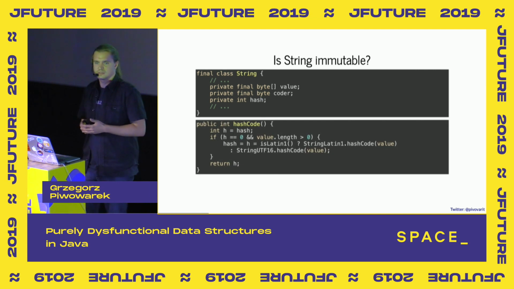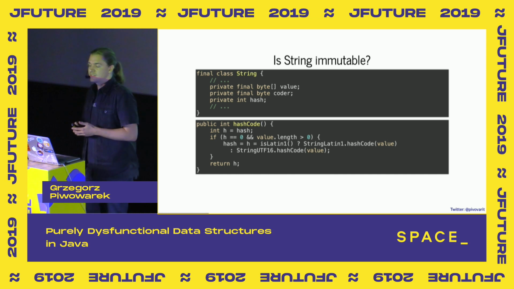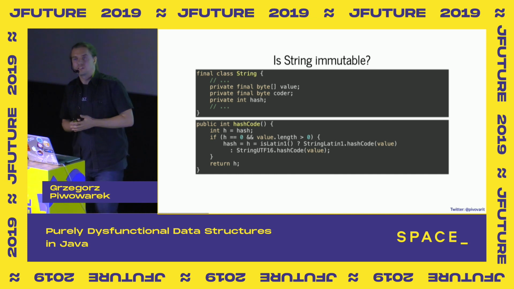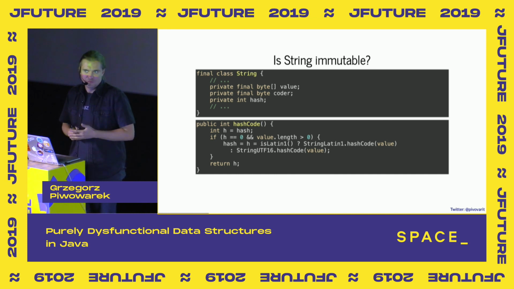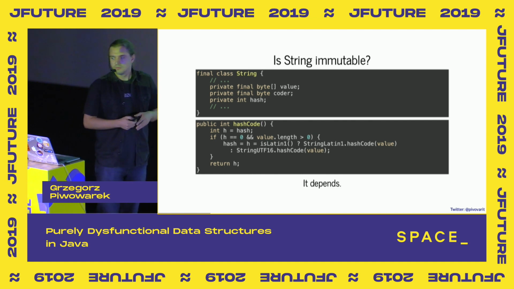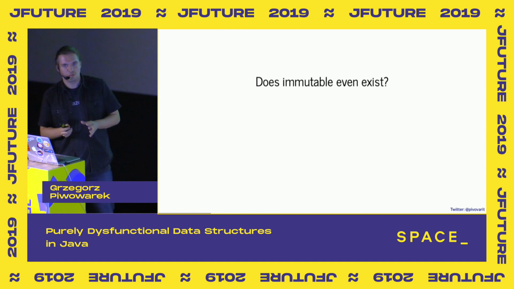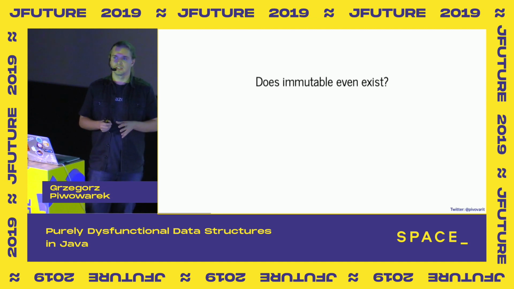So what do you think? Did they lie to us? Is string immutable or not? So as Nicola taught you a few hours ago, it actually depends. Because if you want to get an absolute answer, you will see that true immutability doesn't really exist.